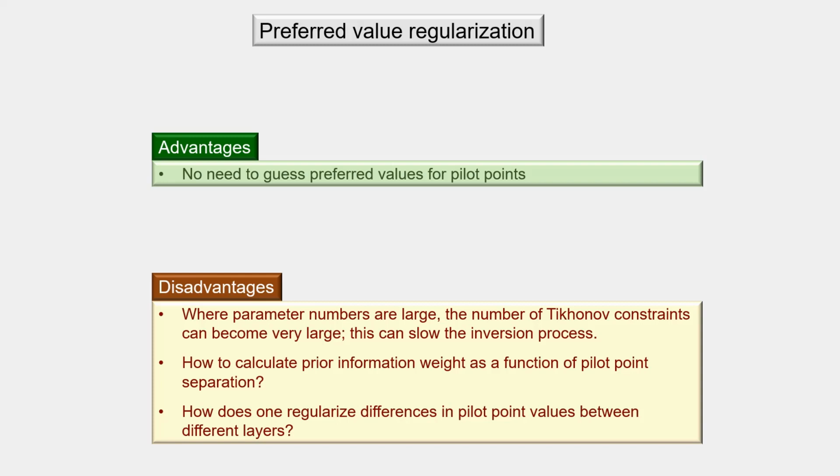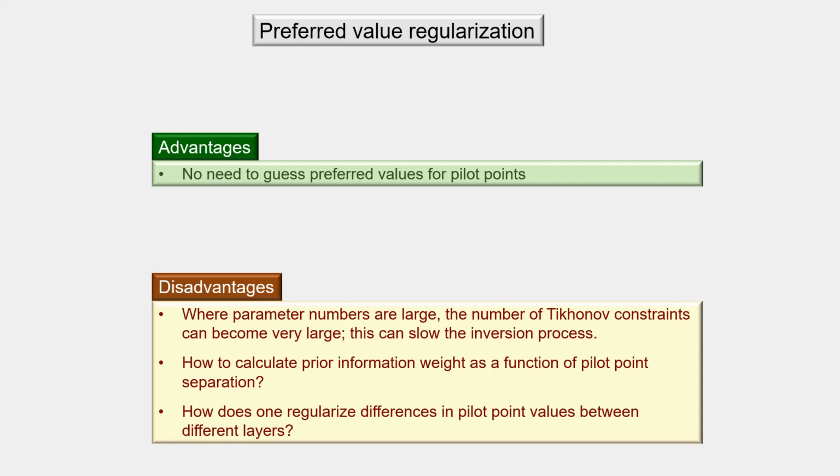And because we're using Tikhonov regularization, we are saying that only the minimum amount of heterogeneity should be introduced to the model domain as that which is required to fit the calibration data set. So that often makes sense. There are a few problems, however.